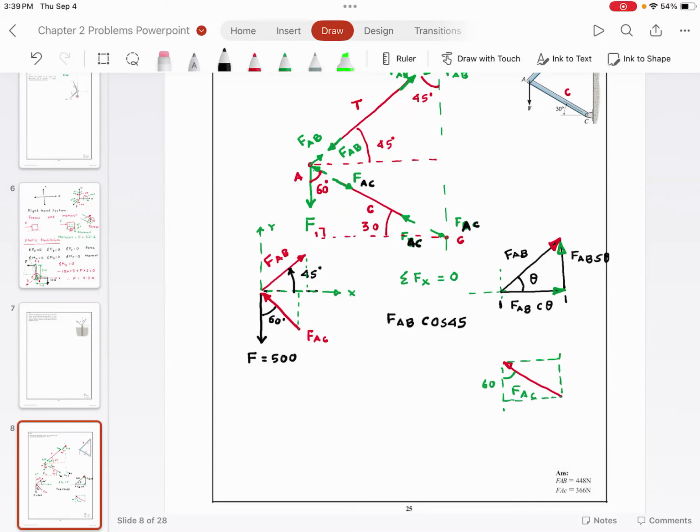So this is going to be FAC cosine theta 2, FAC sine theta 2. Do you agree with me? So I have FAB cosine 60, and then minus FAC sine 60 is equal to 0.